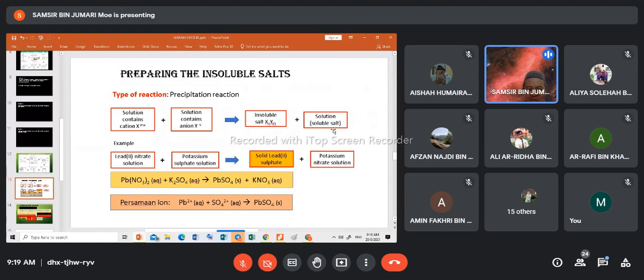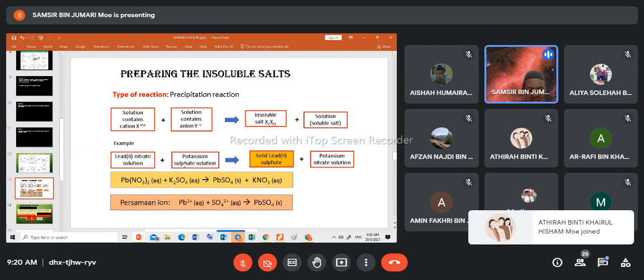So if we want to take out the insoluble salt from the mixture, we just filter the solution. For example, here, to prepare the solid lead(II) sulfate, the solutions that can be used are lead(II) nitrate solution, which contains lead(II) ion, and potassium sulfate solution, which contains sulfate ion.